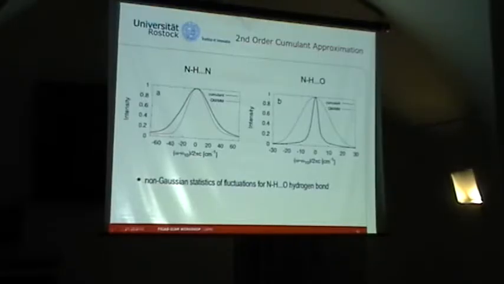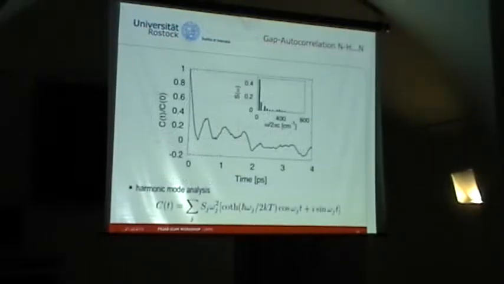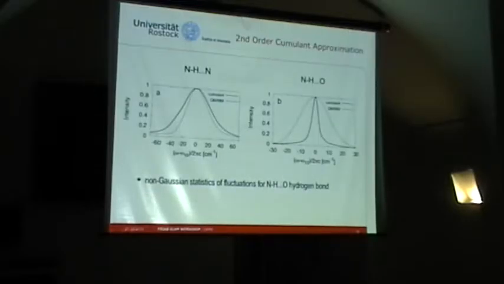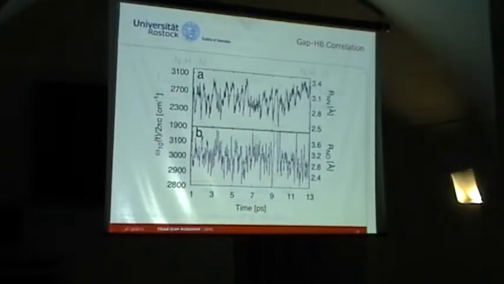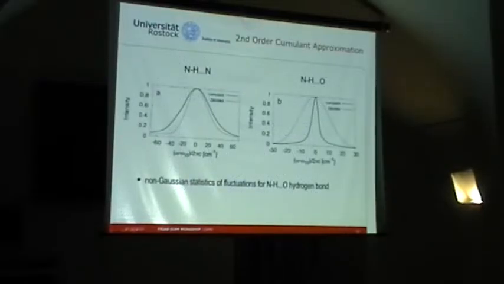This could be due to the fact that you have this NH2 group, which has one free hydrogen and one hydrogen-bonded hydrogen, and the two are also coupled in a way, so it makes some very specific couplings from intramolecular modes influencing this proton stretching motion. This will have a very specific effect on the line shape, which you cannot capture just by the second order cumulant expansion.